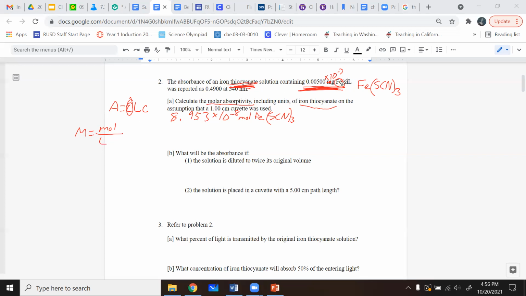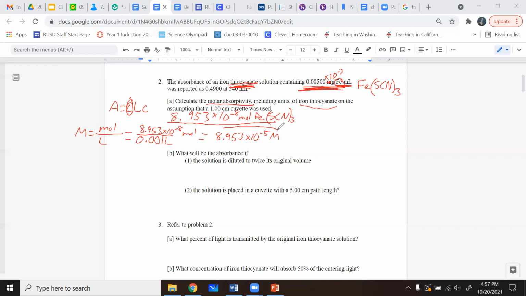So paying attention again to this unit up here, we're seeing that grams per milliliter is what this information is given to us in. So automatically we know that we're dealing with 0.001 liters of solution containing that amount of moles, right? So a simple division will tell you that your molarity of your iron thiocyanate solution is 8.953 times 10 to the negative fifth.